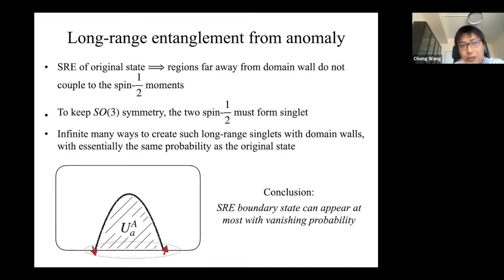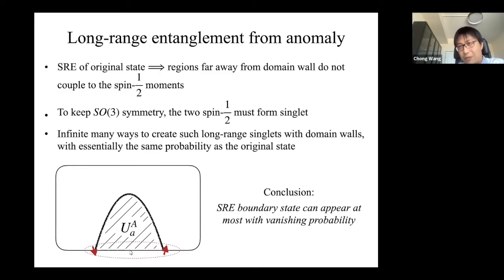Well, by assumption, the original state is short-range entangled. So meaning if I change the local Hamiltonian, the change only affects a finite region nearby, right? So regions far away from this domain wall, let's say on the boundary, this part, or regions deep inside this part, they don't see the domain wall. They just do what they originally were doing anyway, short-range correlated and all that.